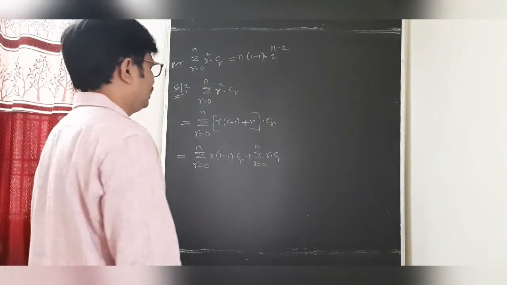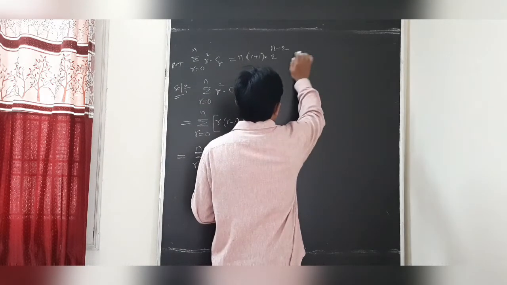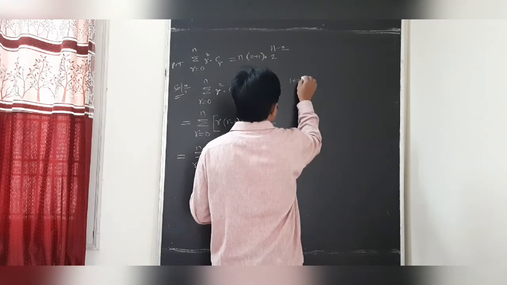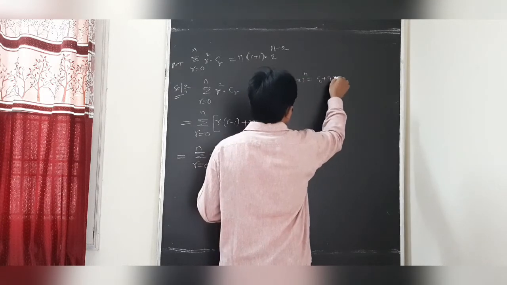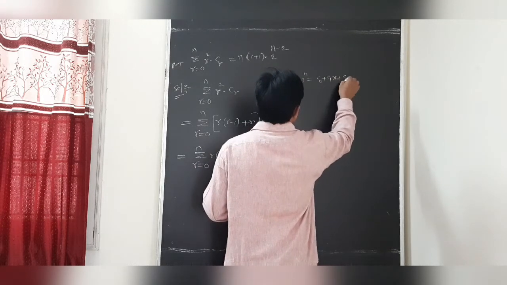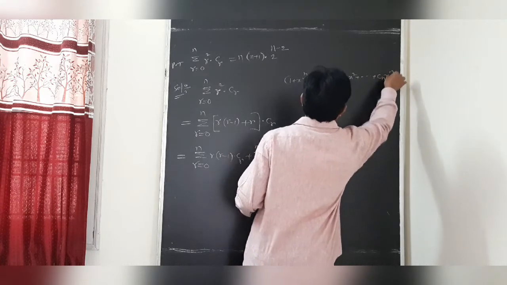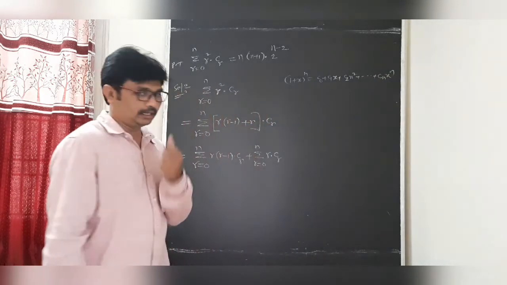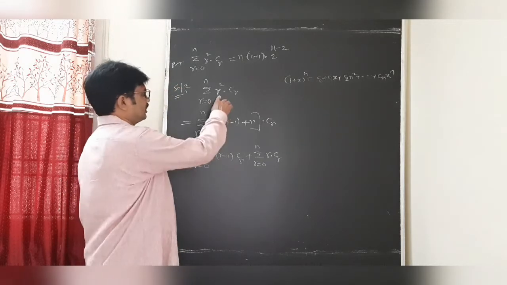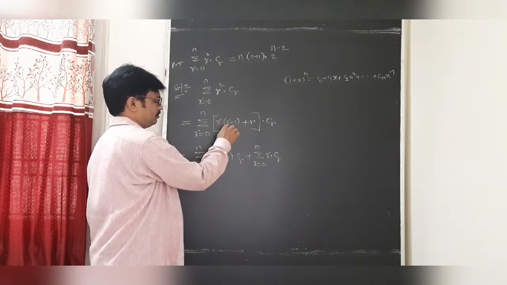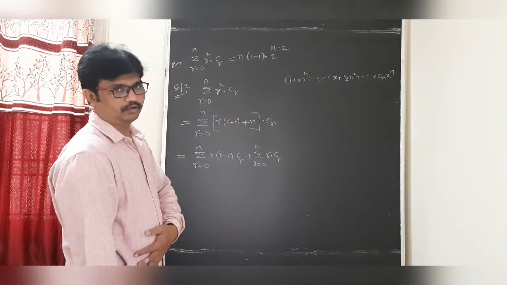My dear students, all of you observe 1 plus x. Listen carefully, students. The expansion of 1 plus x whole power n is C0, C1 x, C2 x square, Cn x power n. So now differentiating with respect to x. Now, students, how can you write?